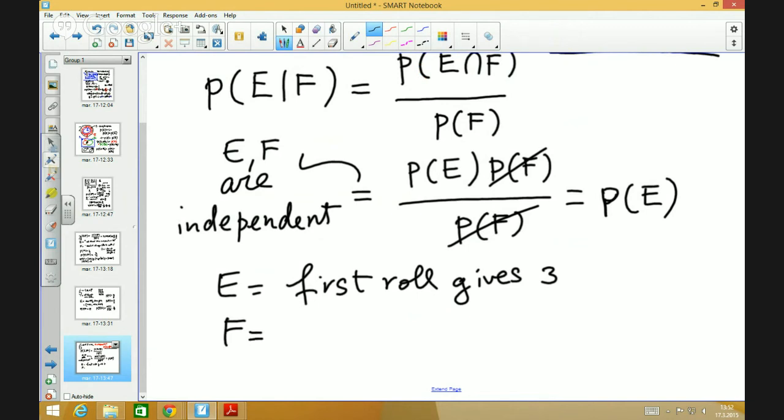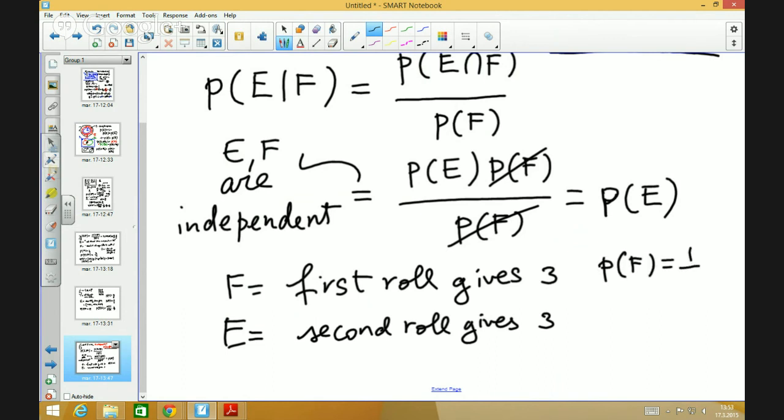So this is F, the event second roll gives 3. Okay, so what is the probability of F? It's 1 over 6. The probability of E is the same. So their product is 1 over 36.